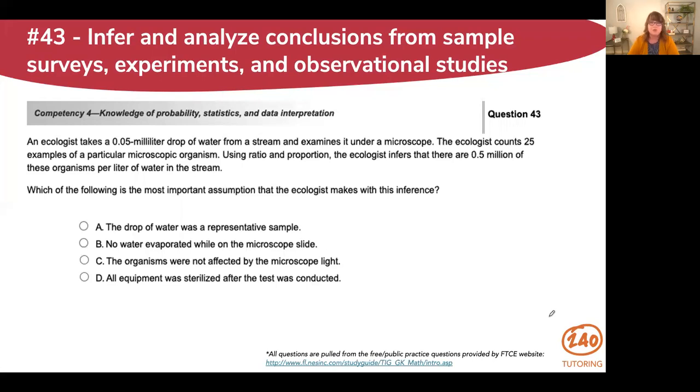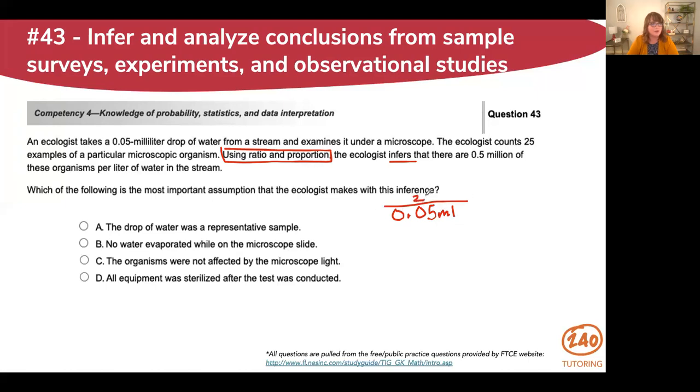Okay, so there are some key things in here. It tells you the math using ratio and proportion. That's how they made their inference. So if we actually wrote this up as a proportion, we started with 0.05 milliliters, and he saw 25 in there.